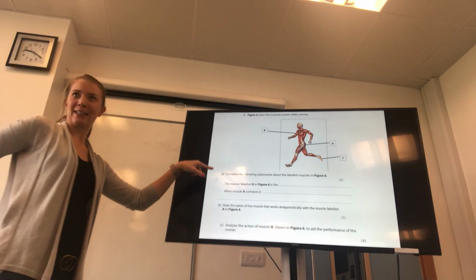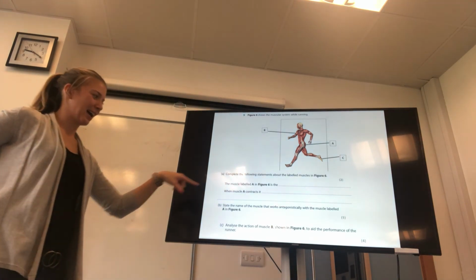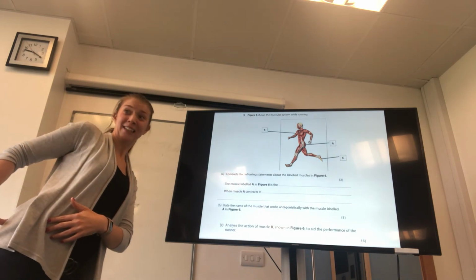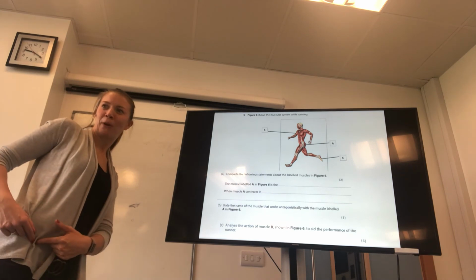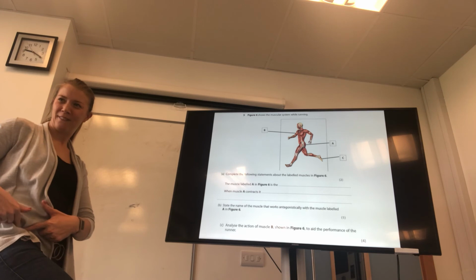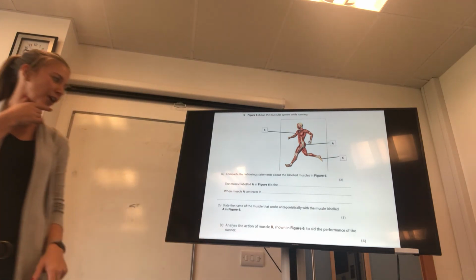So muscle A is the glutes, and when it contracts, it does extension of the hip. So if extension is one way, flexion must be the opposite. So the opposite muscle is the hip flexors.